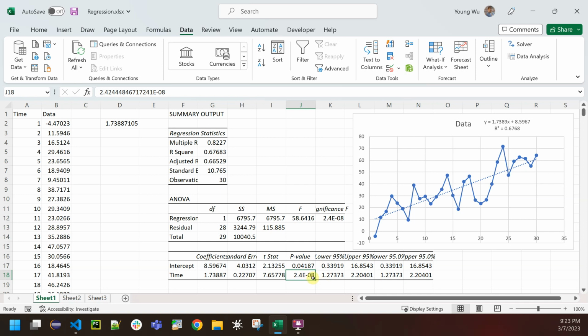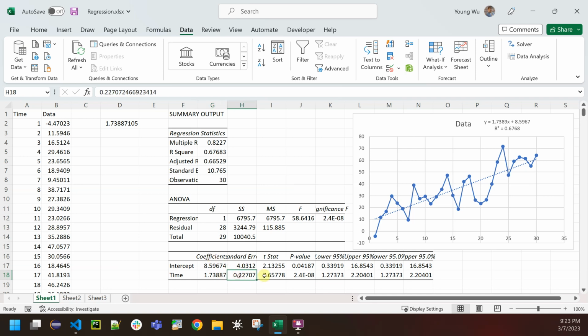So here, what it means is the number is 2.5 times 10 to the power negative 8. So it means 0.000000024. So this is very small. So it means it's very, very unlikely that there's no trend, which means it's very likely that there is a trend, and the trend coefficient is around this 1.74 number.